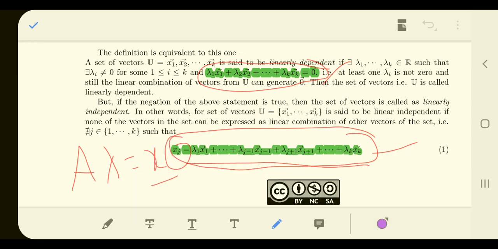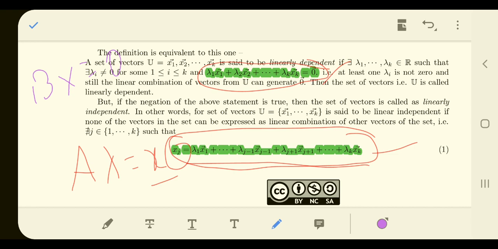This can be written as B x is equal to 0. Why? Because the column vectors of B are nothing but x1, x2 up to xk, and x is actually the column vector of lambdas, lambda 1, lambda 2, lambda k, and it should be able to generate a zero vector.